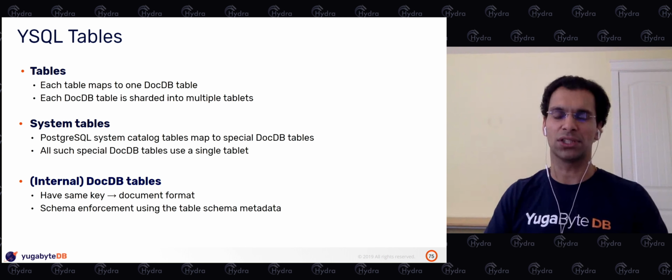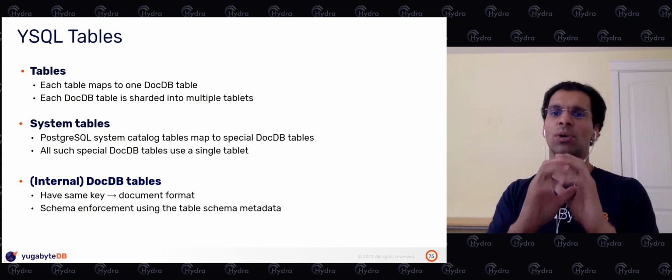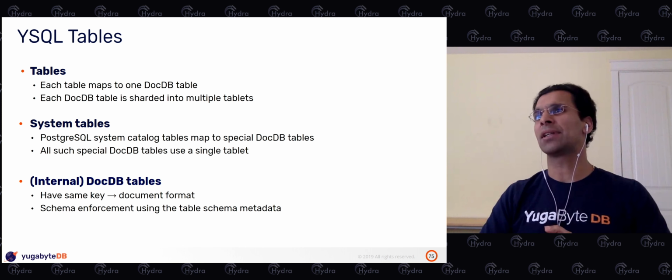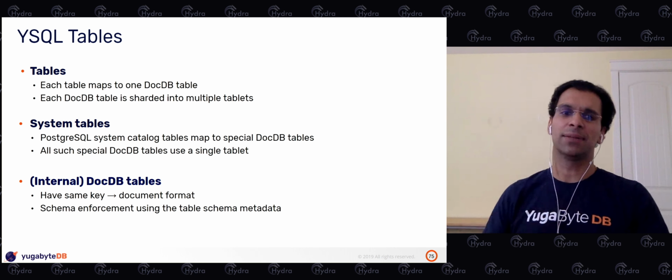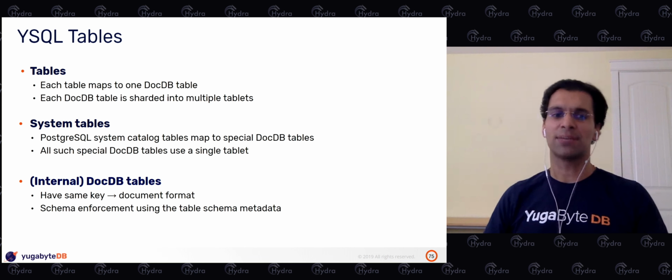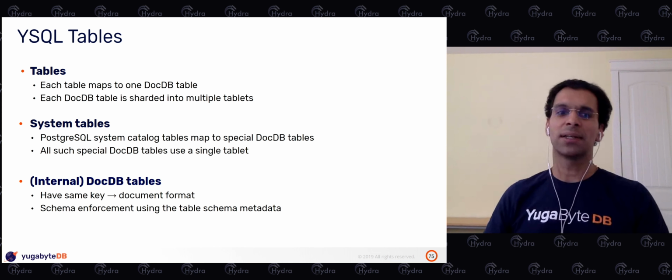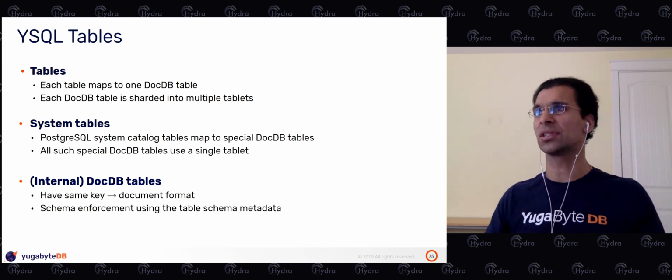There's a lot of documentation. Anyways, there's one special DocDB tablet that deals with all the system catalog. And finally, internal DocDB tables all have the same format. They have key to document format, and the schema is enforced on top using the schema metadata from the system catalog, which is replicated across the different nodes in the cluster.